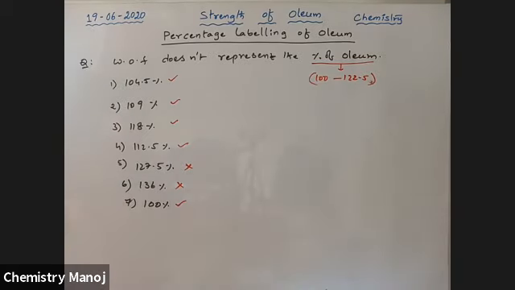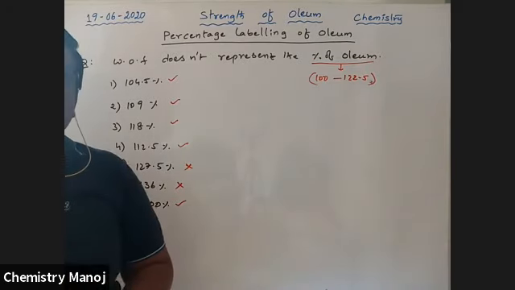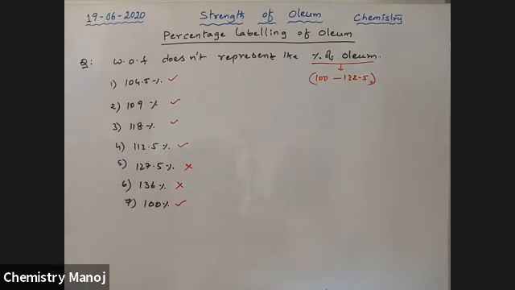I already explained this in the previous case. So 5 and 6 are not possible, remaining all are possible.